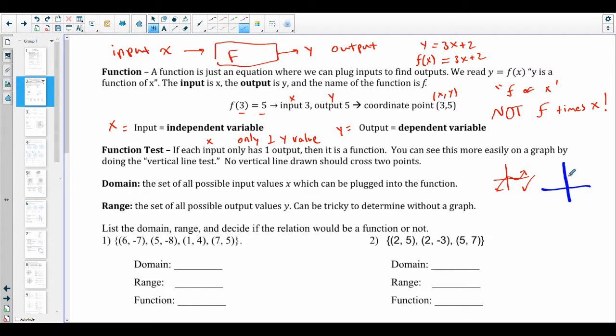What if we had a graph that looked like that, without the axes? Does that pass the vertical line test? No. There's 2 points where they have the same x value and different y values. So that would not be a function.